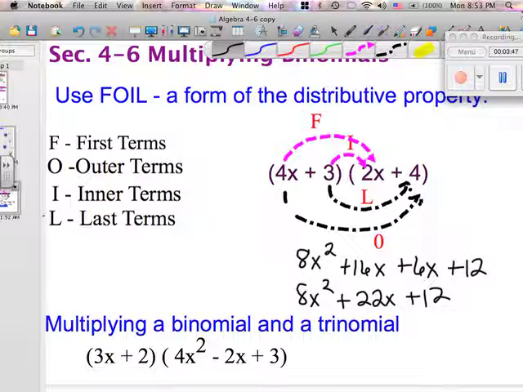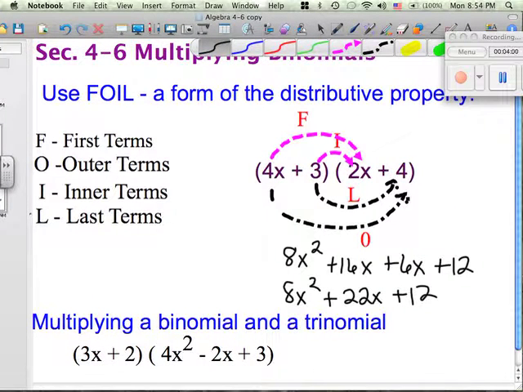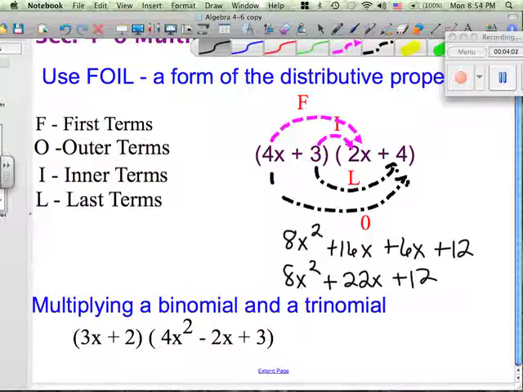So the method is you take your first terms in each binomial, multiply those together, then outer terms, inner terms, and last terms. And you're also going to be multiplying a binomial times a trinomial.